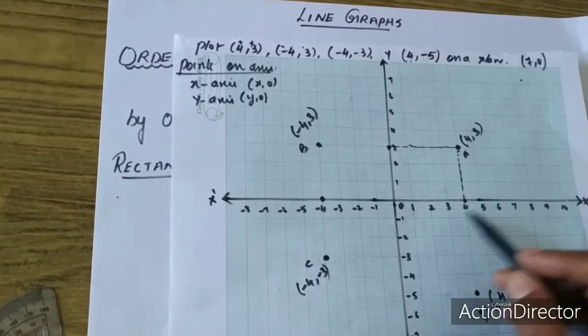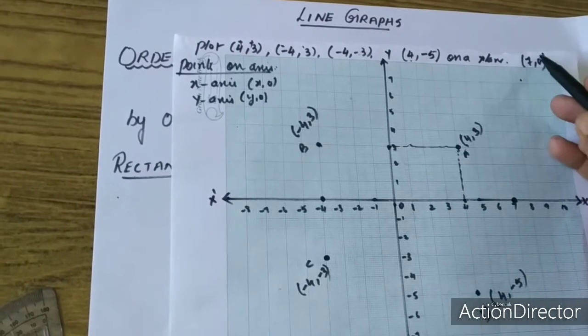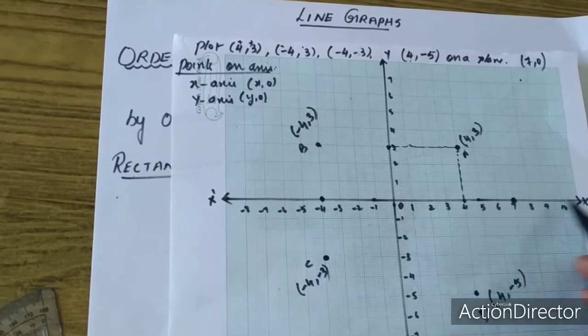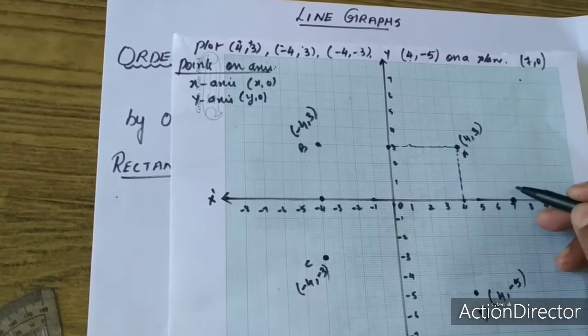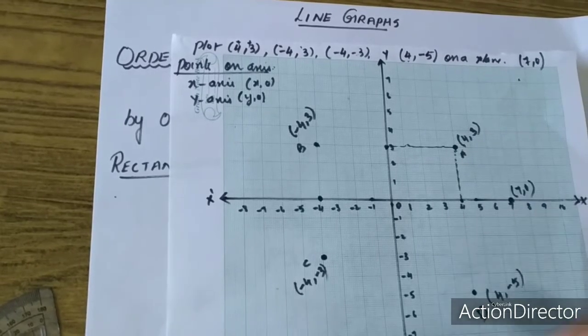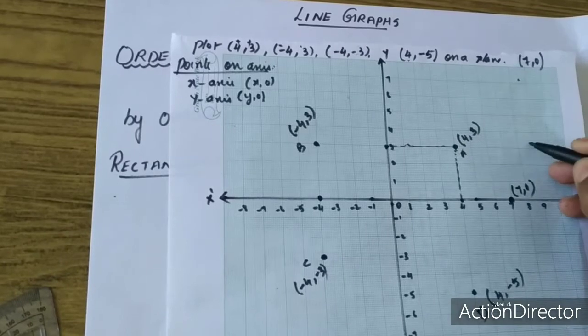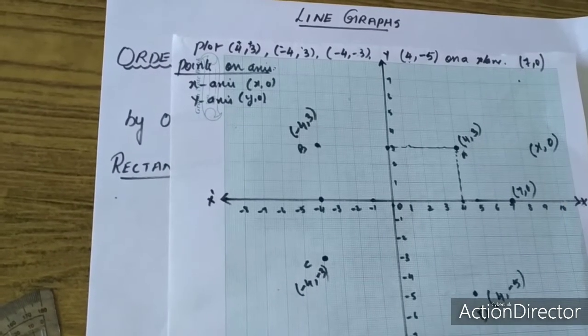So 7 is on the x-axis and the y coordinate is 0. So whenever the y coordinate is 0, the point will fall on the x-axis because you have only the x coordinate. So this is the point 7, 0. So all points on the x-axis are denoted by x, 0.